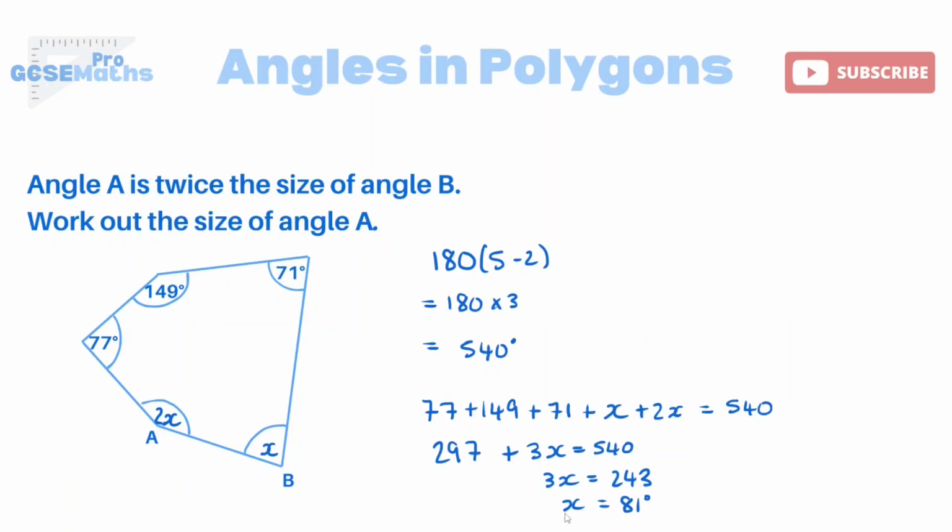Just double check. That's what X is. So we know that B is 81. However, do you see that the question was work out the size of angle A, which is actually 2X. So therefore, to find angle A, I just need to double 81, which is 162. And there we are. There's my answer. So we can also use a bit of algebra if you find that helpful as well.